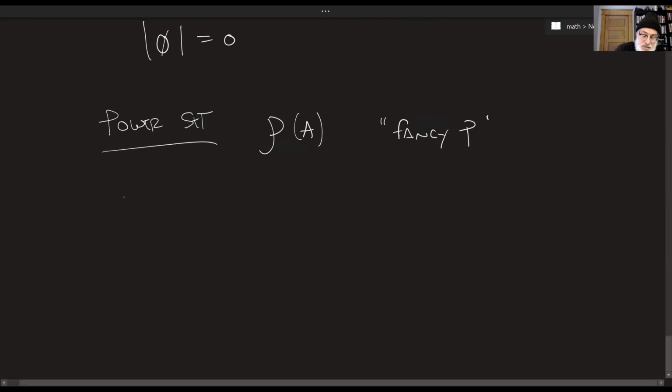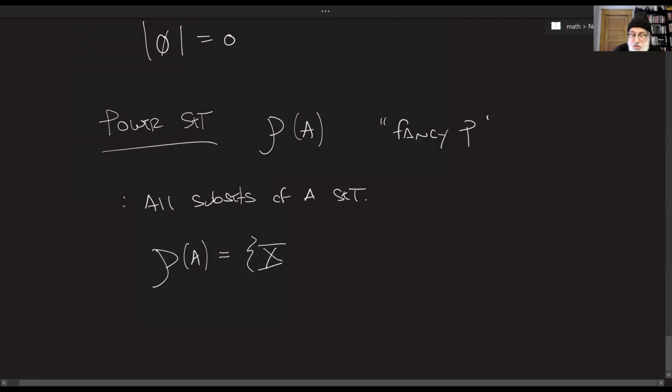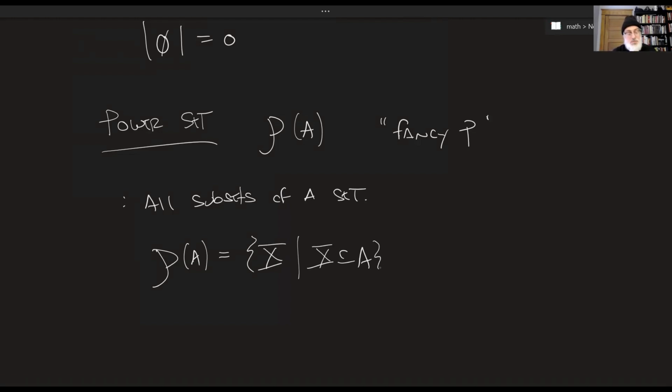The power set is defined as all subsets of a set. What I mean is that if I have the power set of A, it's all the sets X such that X is a subset of A. It collects in a set all the subsets of a set.